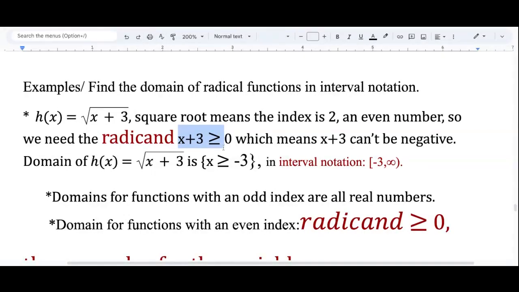So this means x plus 3 cannot be negative. Then we solve this inequality. We get x has to be greater than or equal to -3. If we use interval notation to represent the solution, it is an infinite set, starting from -3 and going up to positive infinity. So that's the domain of this function.